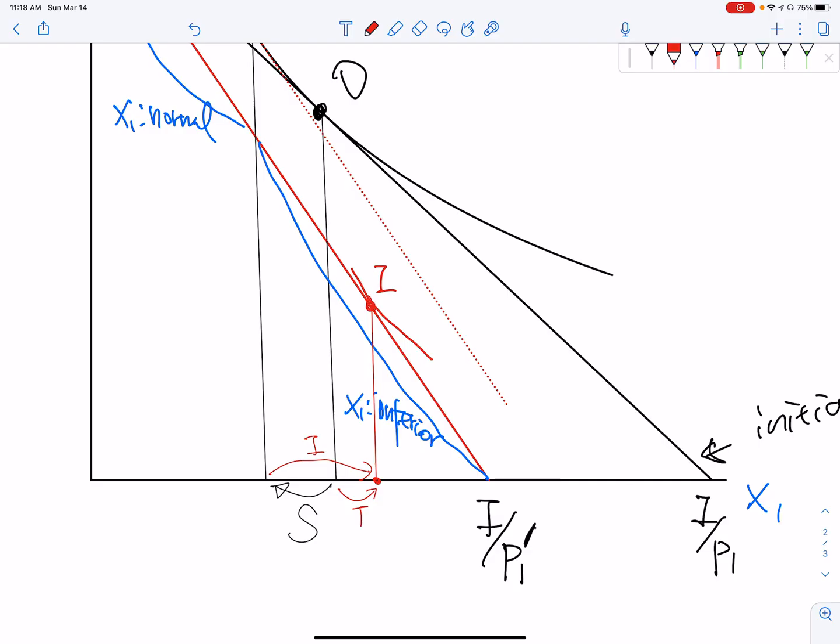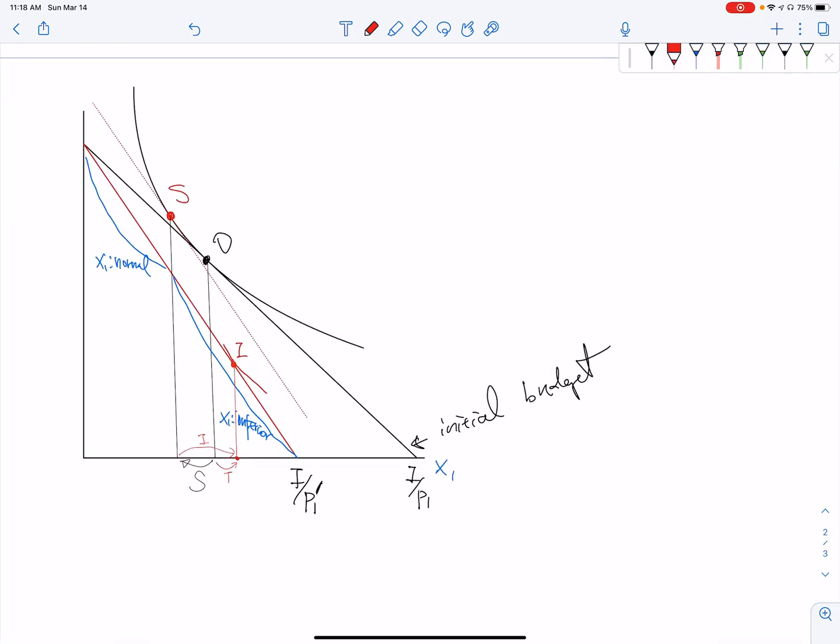So you end up buying more of the first good. So this is an explanation why the potato consumption in Ireland went up that year.